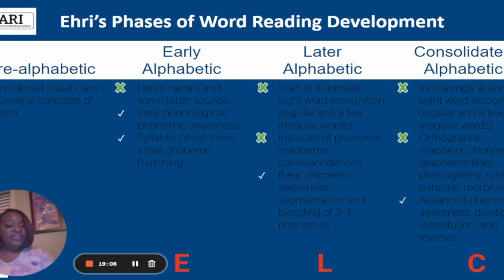Increasingly automatic sight word recognition and orthographic mapping, phoneme grapheme links, phonograms, syllable patterns, morphemes, all those things involve print, which is why they are not checked. Once again, phonological and phonemic awareness is basically getting the ears ready for what the eyes will see. If it involves print, it is phonics and not phonological or phonemic awareness.